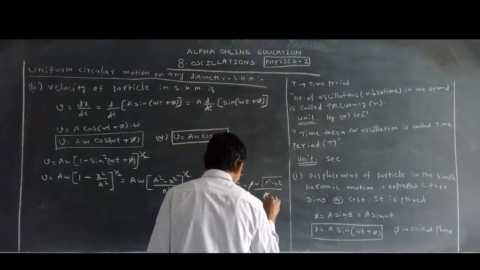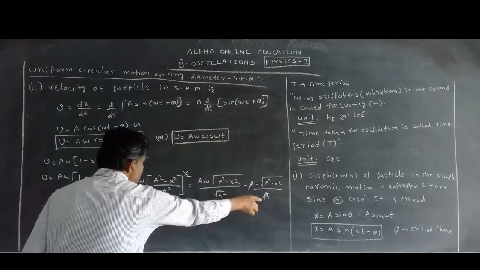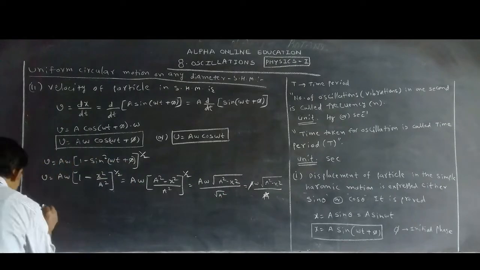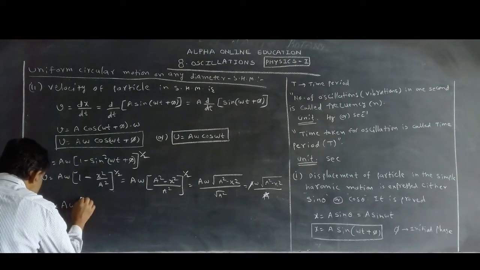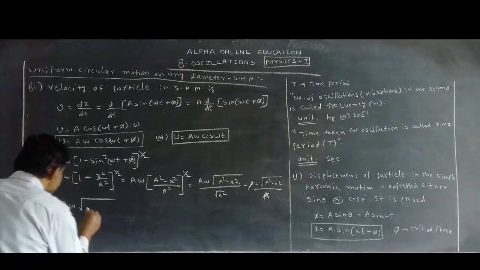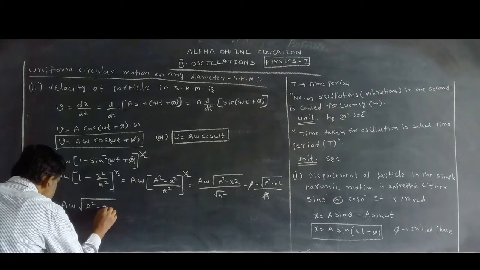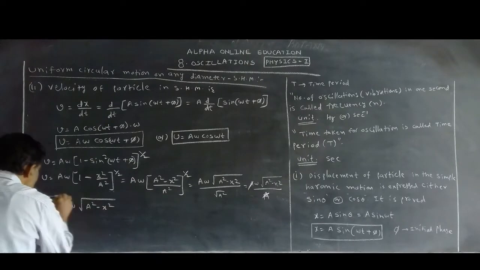Root a square is equal to a, so a cancels. So v is equal to a omega root of a square minus x square.